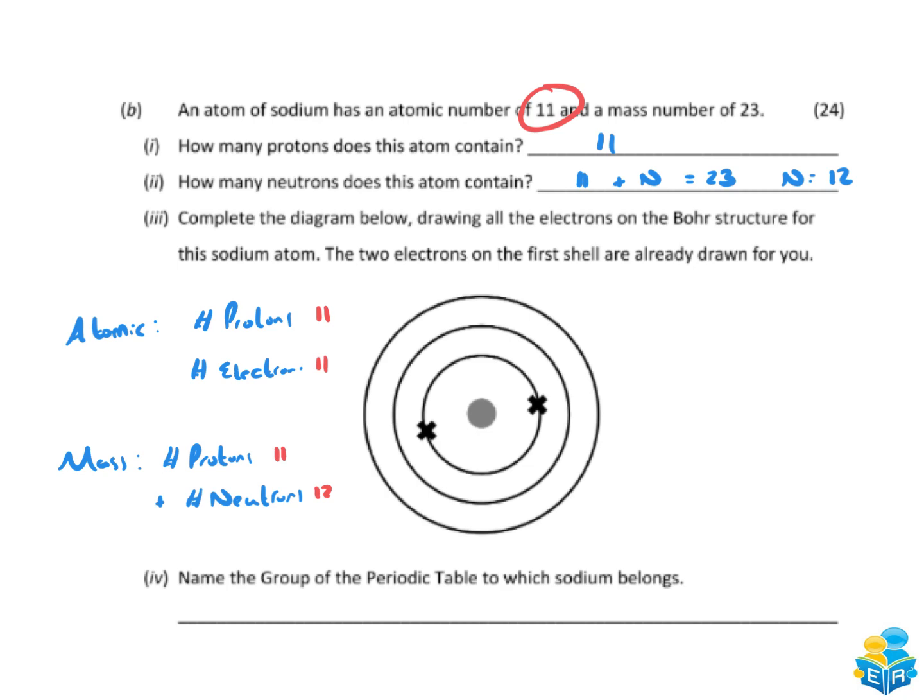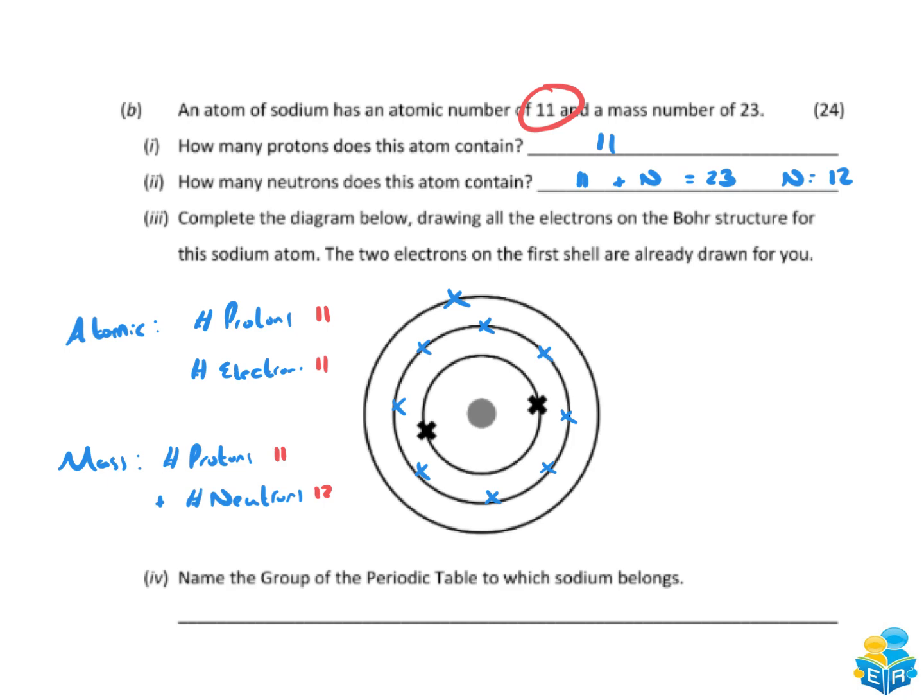We already have 2. You can draw X's or you can draw the dots with the E minuses, it's up to you. But we need to fill that second shell. We're allowed to have 8. So that's the 8, bringing me to a total of 10, because we had 8 plus 2 is 10, but we need 1 more to get us to 11. So that there is the atomic structure of sodium.